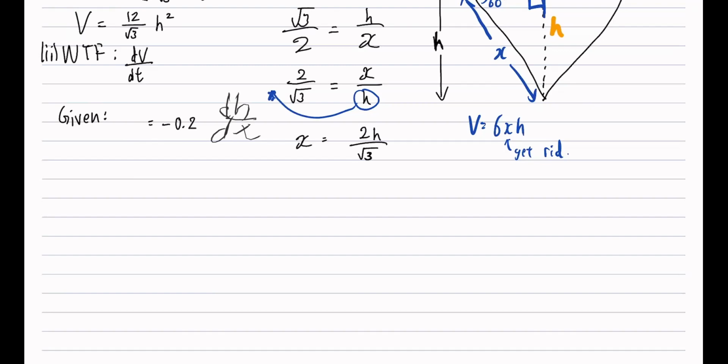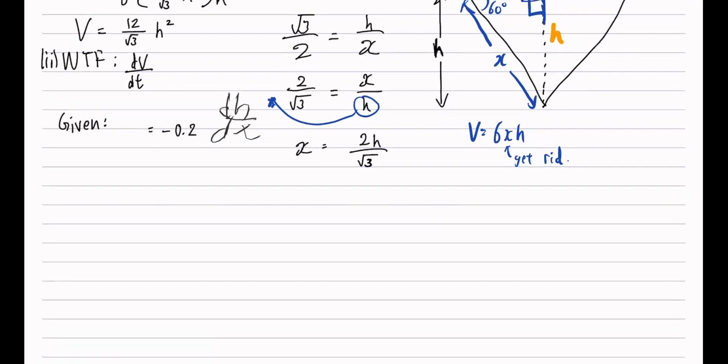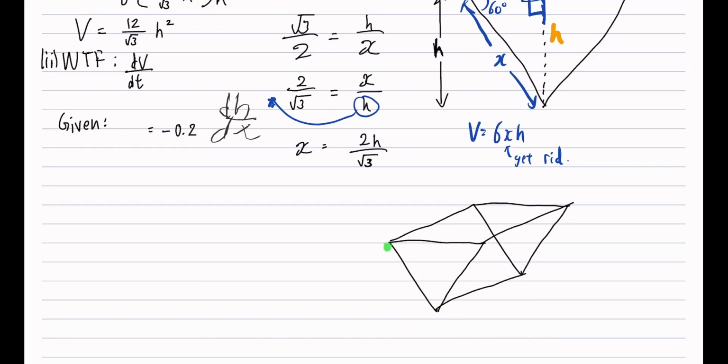X is also a variable. Maybe it wasn't very clear, because the h could be referring to the actual length of the triangle, which is fixed, right? Because it's a trough. You can't change the height suddenly. Only the water height and the water's triangular side length will change.